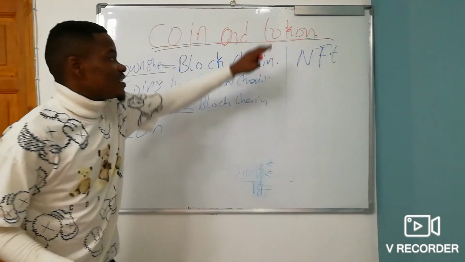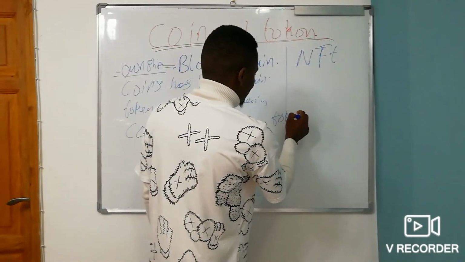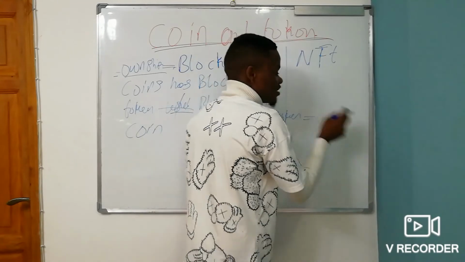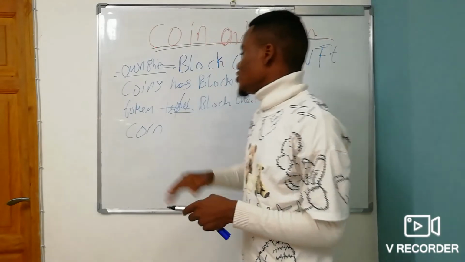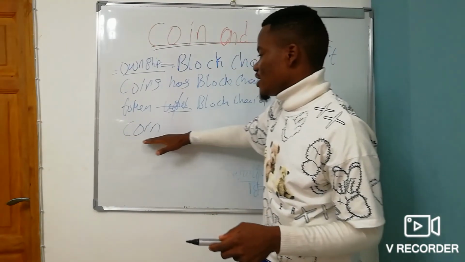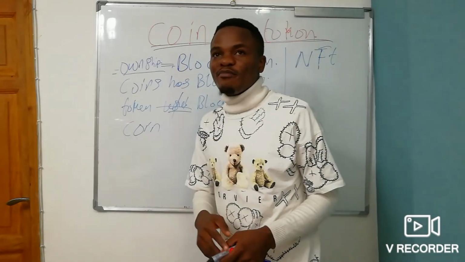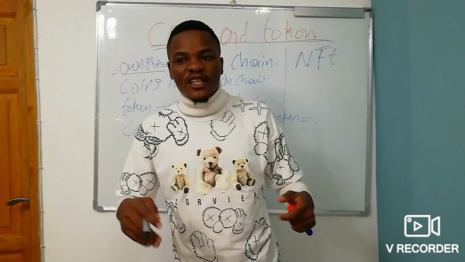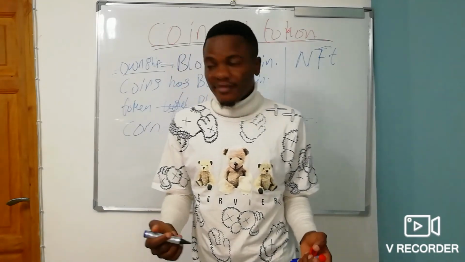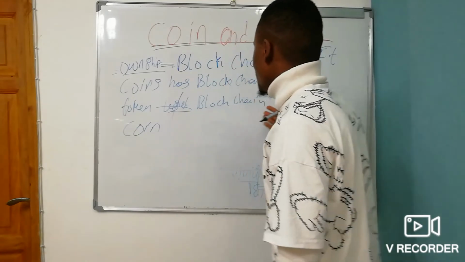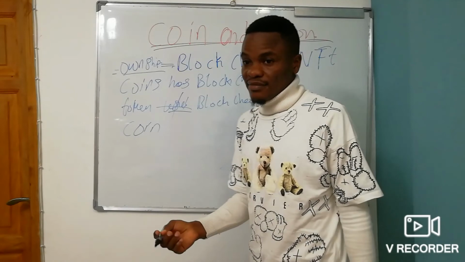But a token simply represents digital assets, right? A lot of people invest in Bitcoin because they want the money, they know that it can only grow over time, right? So that's it for the difference between a coin and a token. It's very simple, right?